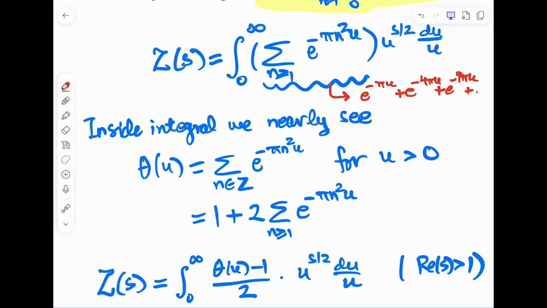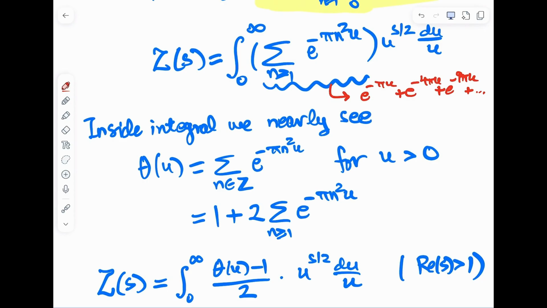So if u is moderately large, this thing converges very quickly. When u is any positive number, it will converge, but when u is extremely close to 0, this series is kind of a tricky thing. This integral is kind of subtle near the lower bound of integration.